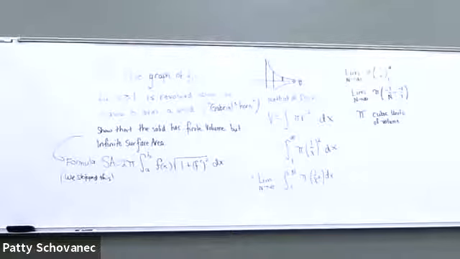Our f of x is 1 over x, and our f prime is negative 1 over x squared.